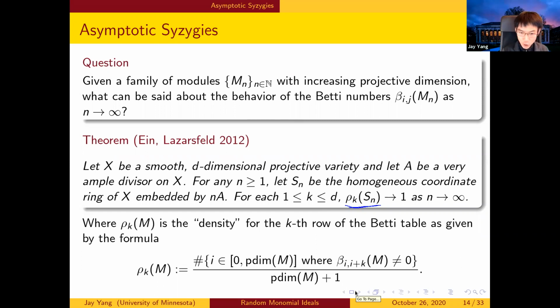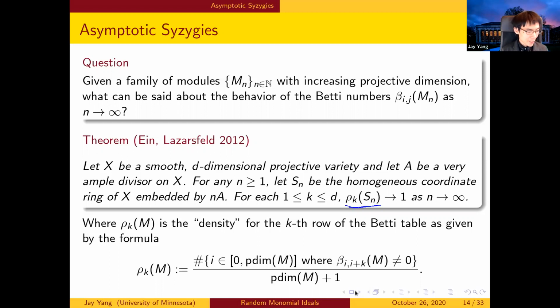So that row of the Betti table has almost every entry you could have. This is in contrast to NP results, which usually say that the Betti table vanishes up to a certain point. Now we're saying that the row of the Betti table is almost entirely full. So it's in some sense a surprising result.